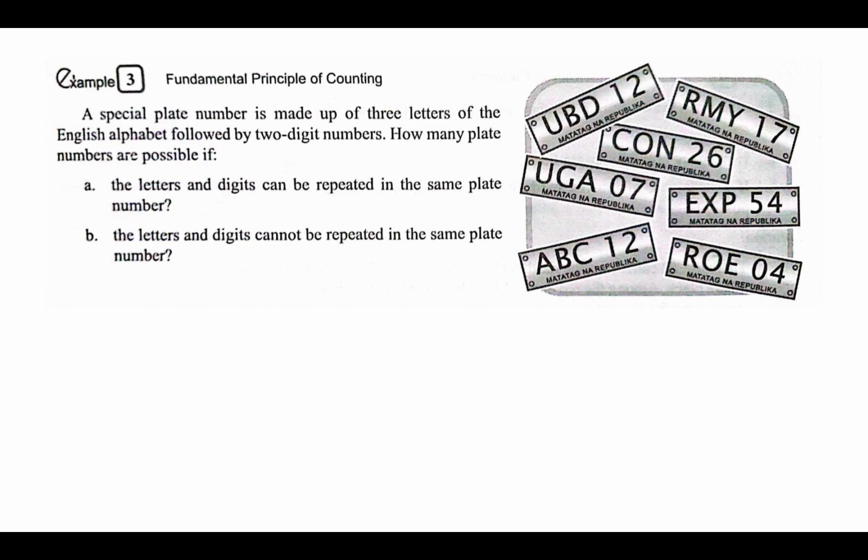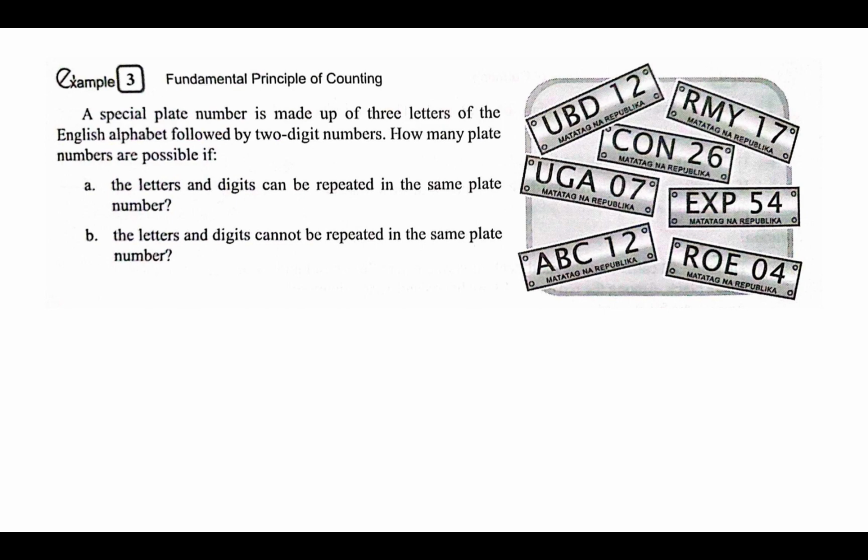Okay, so we're going to solve this problem. The first thing that we need to know is the composition of a plate number. In this problem, it is given that a plate number consists of 3 alphabets or letters followed by 2 digit numbers.